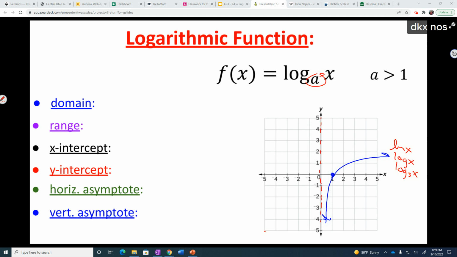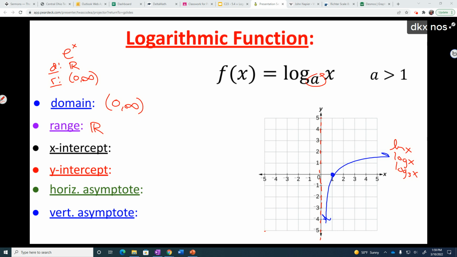There's actually an asymptote there. Everything is flipped from e to the x. If you remember, for e to the x, the domain was all reals, and the range was 0 to infinity. So this is going to get flipped. The domain and range are swapped. This one has a range of all real numbers, going down to negative infinity and up to positive infinity. It's going to slowly get there.